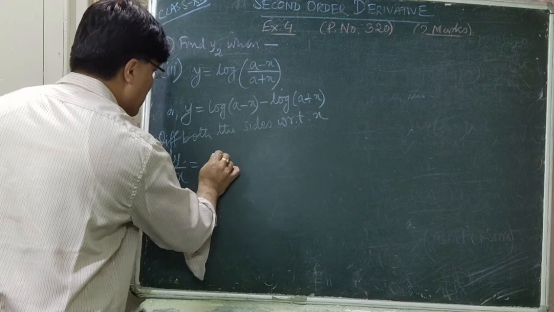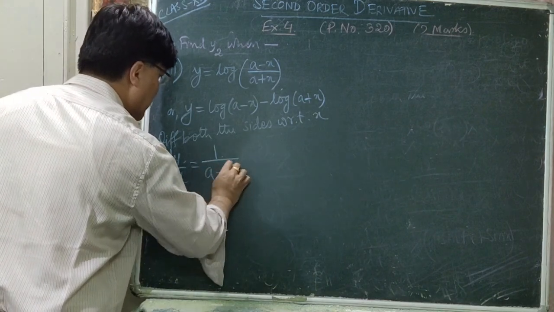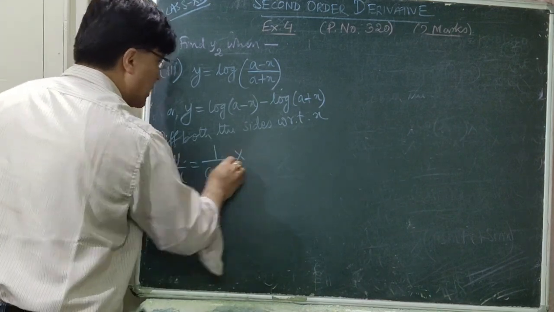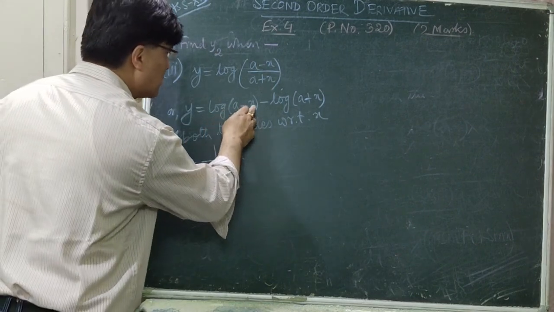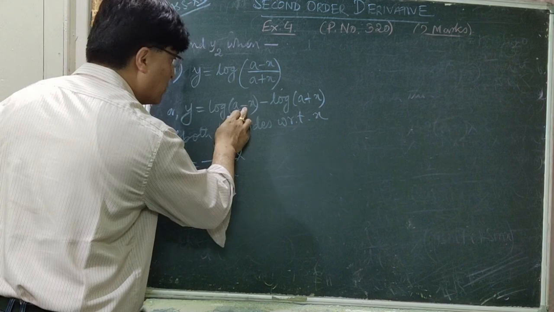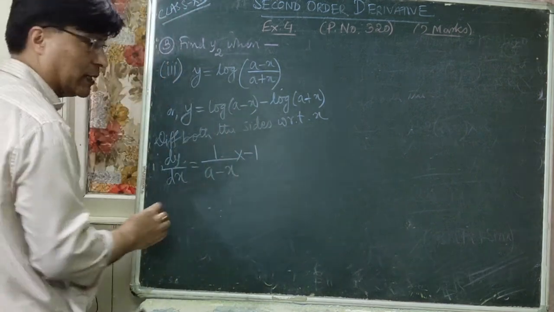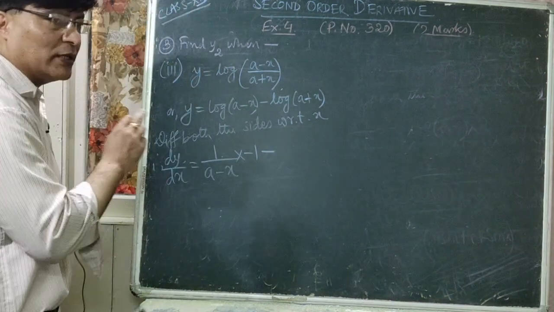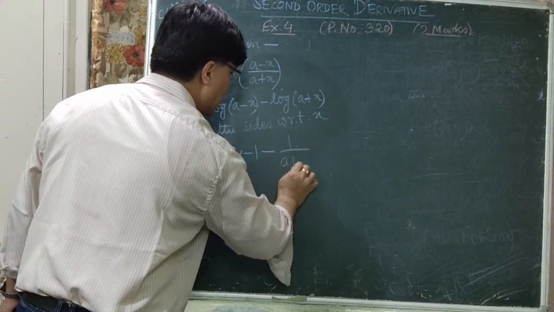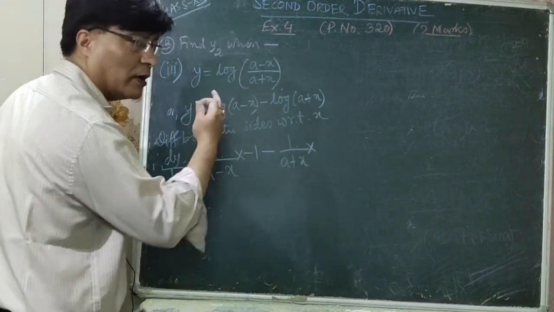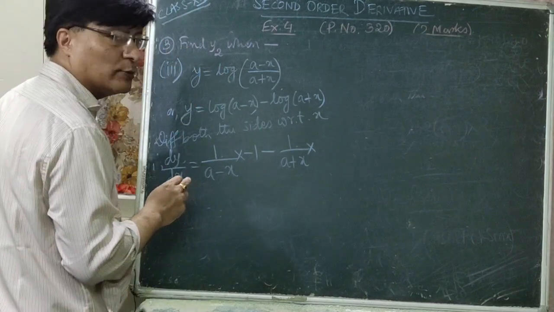What is the differentiation of log x? 1 upon x, but here it is 1 upon a minus x into, again differentiate the function which is assumed as x. What is the differentiation of a minus x? For a it is 0, minus x it is minus 1. Minus, again, what is the differentiation of log of a plus x? It is 1 upon a plus x into, again differentiate the function which is assumed as x.